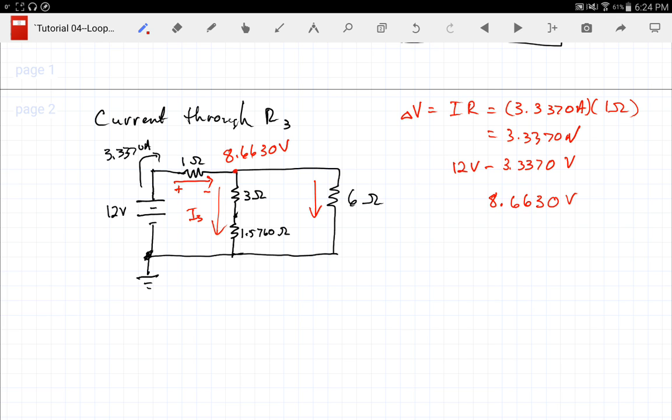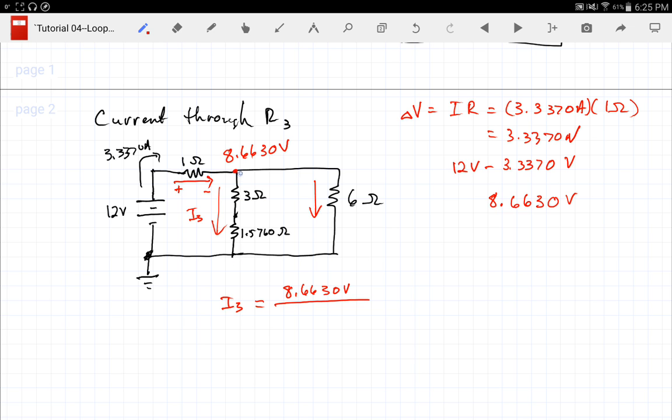Just be glad that I didn't ask what's the current through one of the single resistors in the R equivalent 1. So in that case, I can just say I3 is equal to, I'm taking Ohm's law and solving for I, it's equal to the voltage drop, 8.6630 volts, divided by the total resistance in that branch.